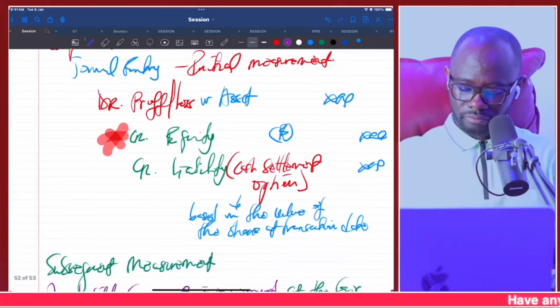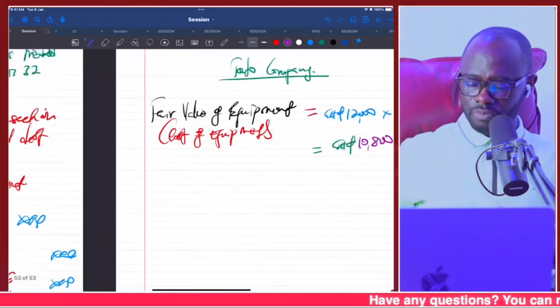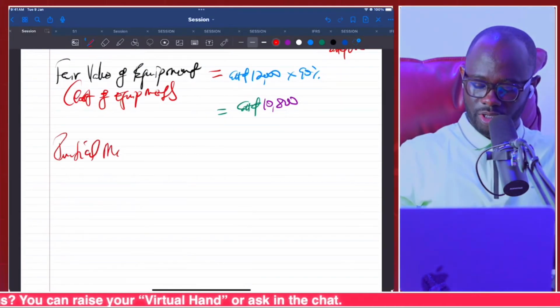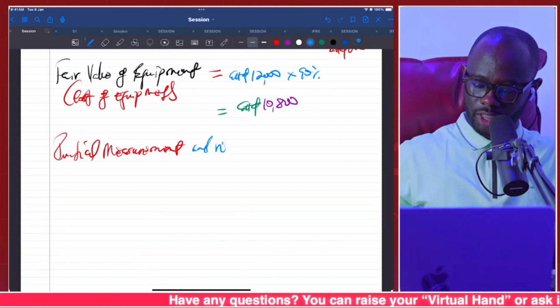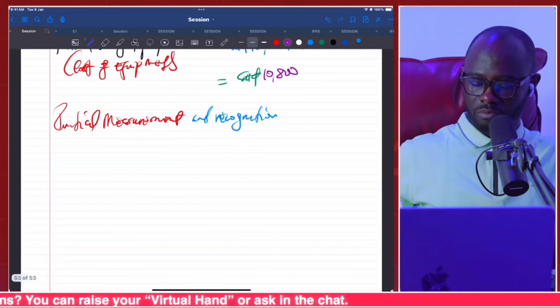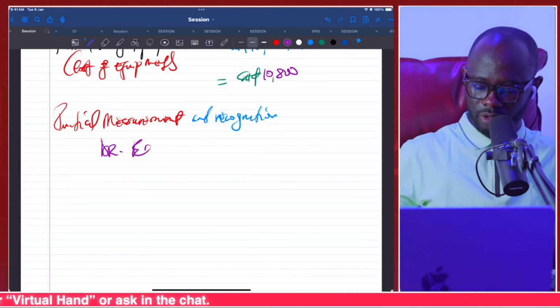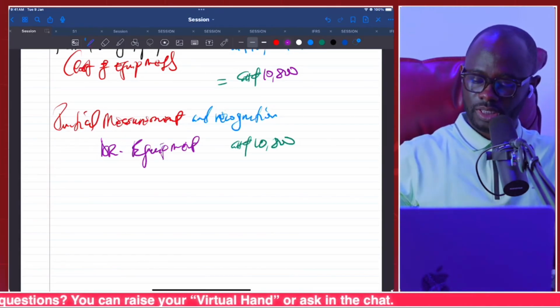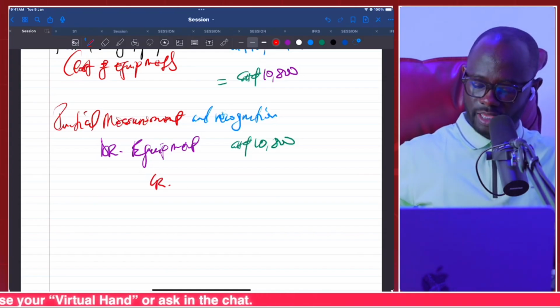What did we say? We got to debit PPE, as we mentioned. So initial measurement and recognition. We bought an equipment, so we're going to debit equipment with 10,800. Now, we need equity.